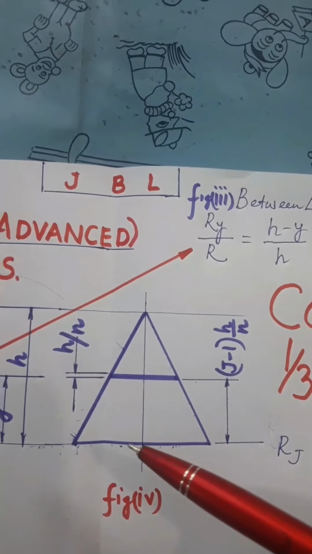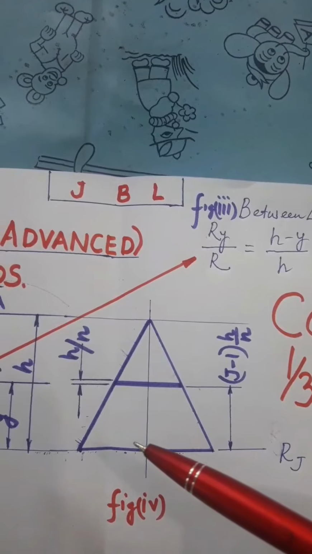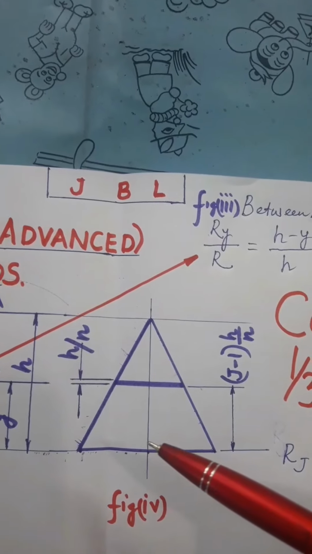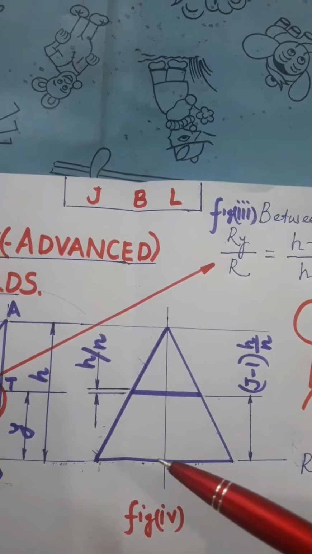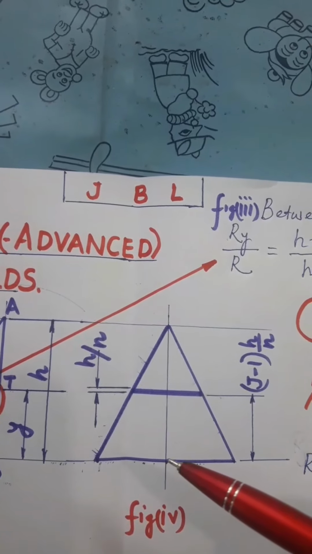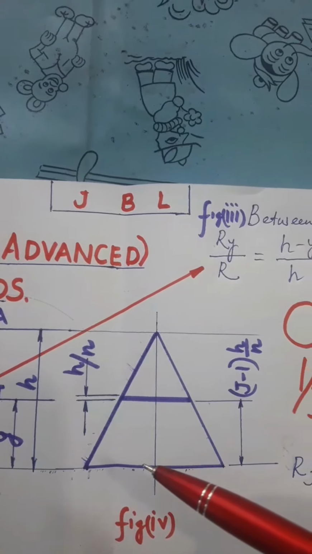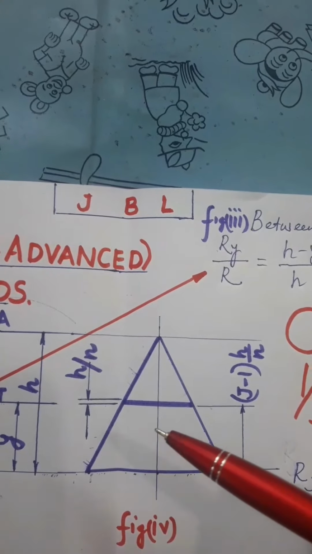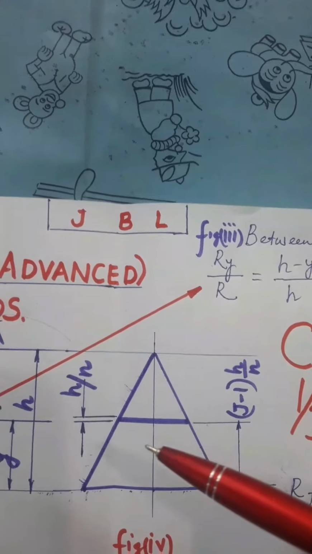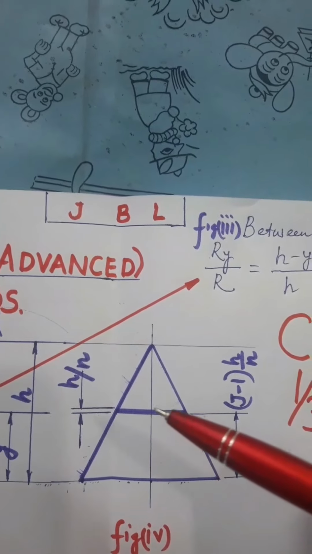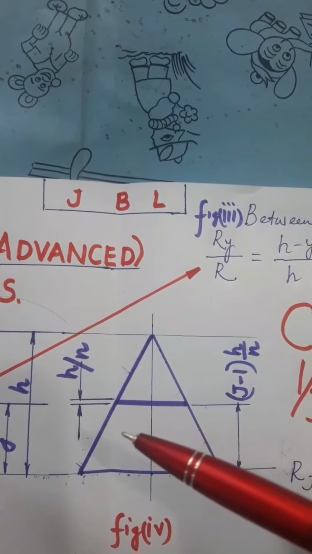That is, n is a very large number and h is divided into such equal thin discs. So since there are n number of discs equally dividing h, the thickness of each of the discs is h by n.